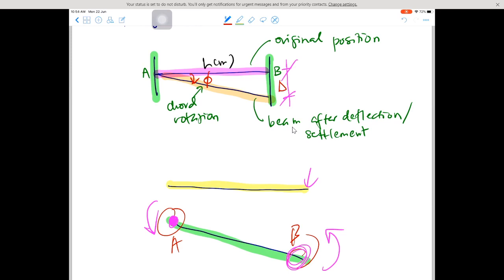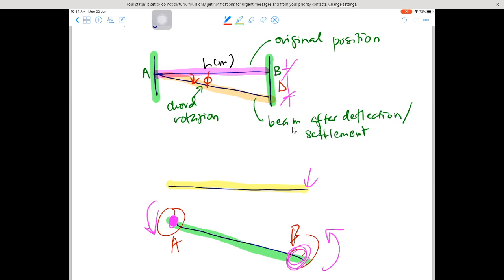If we compare to the fixed end moment for external loading, due to the bending of the beam, we have to apply the moment in the opposite condition so that the beam will go back to its original position, because it bends like this. However, for FEM due to delta or settlement, the moments must be in the same direction.